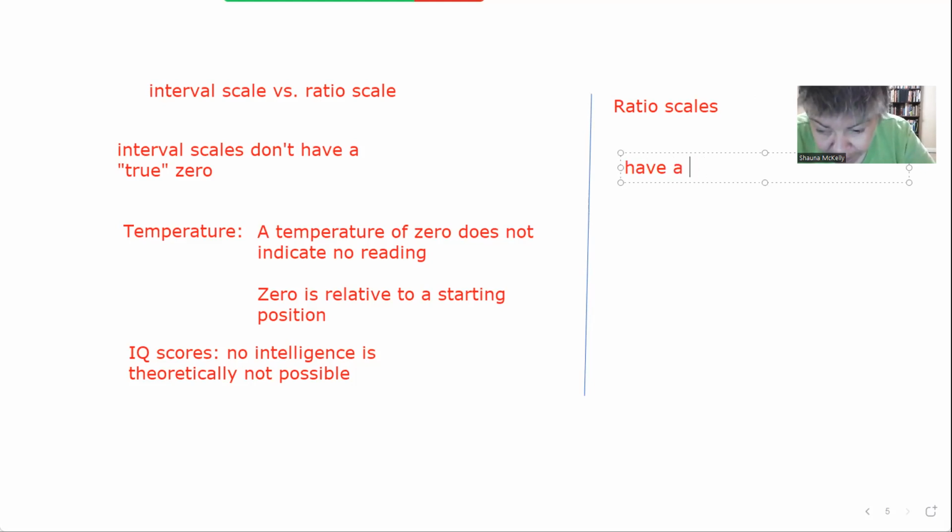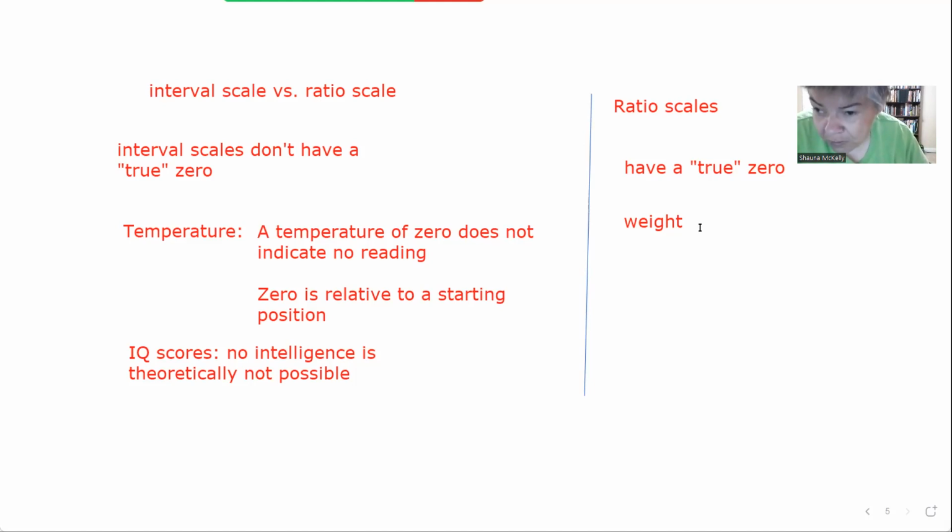Now, things like weight. Weight is a really good example of a ratio scale. So if you go to the store and you buy something like fruit or meat, right? You buy it by weight. How much it costs you depends on not only how much you buy, but how much it weighs. Usually they sell it by the pound, right? So they have to weigh it.